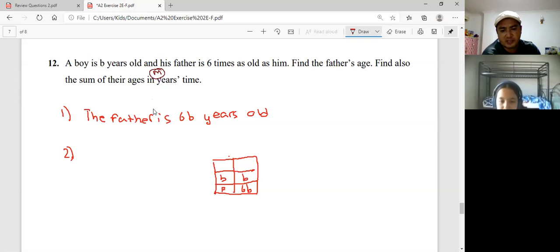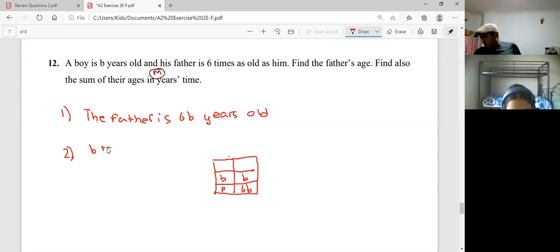After m years, how about the father's age? 6b plus m. Let's write the sum of their ages: b plus m in brackets, plus the father's age, 6b plus m in brackets. That's the sum of their ages after m years.